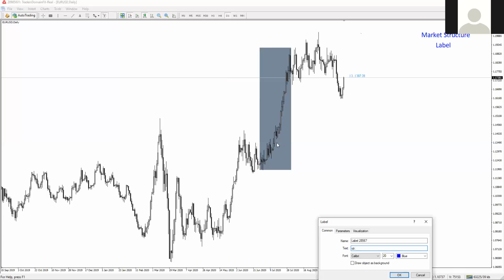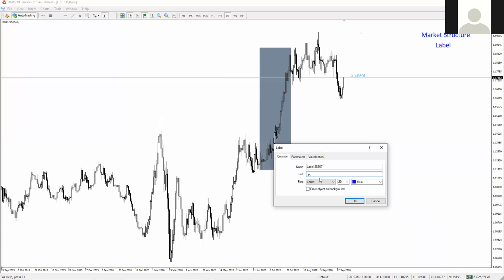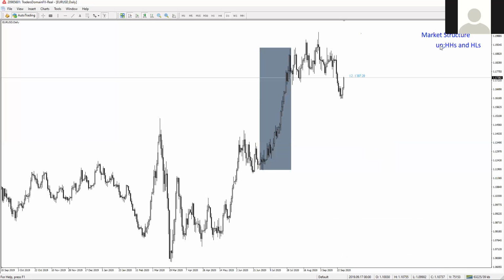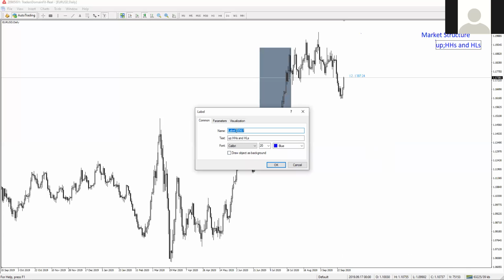And in between that, there was this bit of consolidation, right? So if price is going up, we're looking for higher highs and higher lows. Pretty basic. It's simple to read. The hard part is when we put it all together with all these other concepts as well.